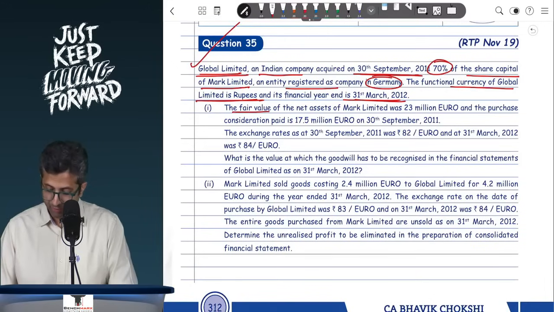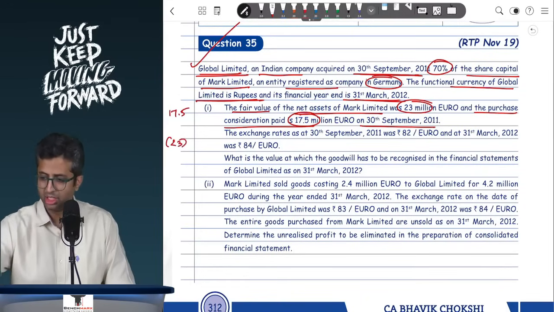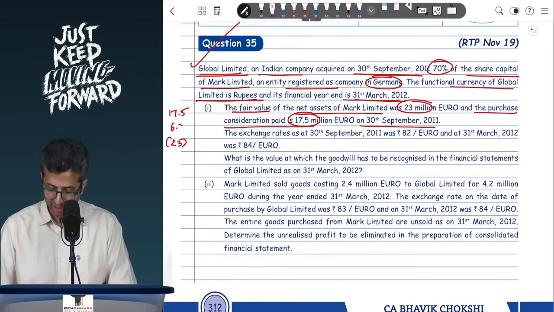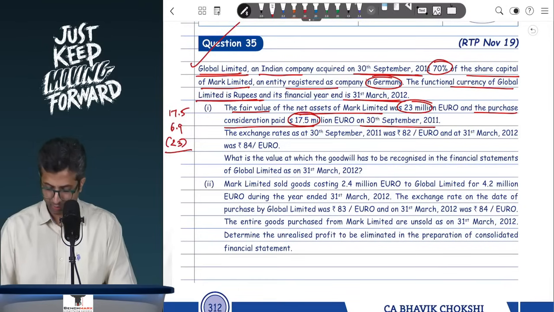The fair value of the net assets of Mark was 23 million euro, and the purchase consideration was 17.5 million euro on 30th September. So if I were to calculate goodwill, this is 17.5 of PC plus NCI minus net assets. This is 23, and NCI is 23 into 30%, 6.9. And hence on 30th September, the goodwill will be, I believe, 1.4 million euros.